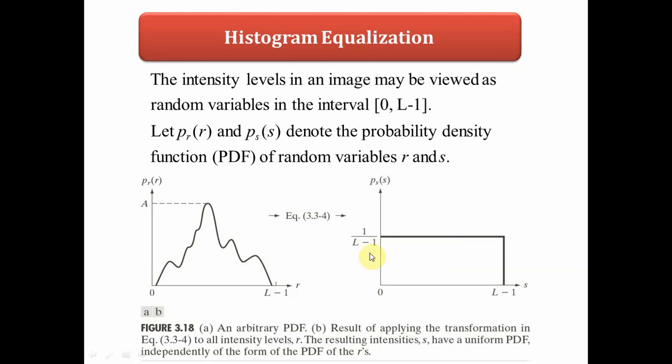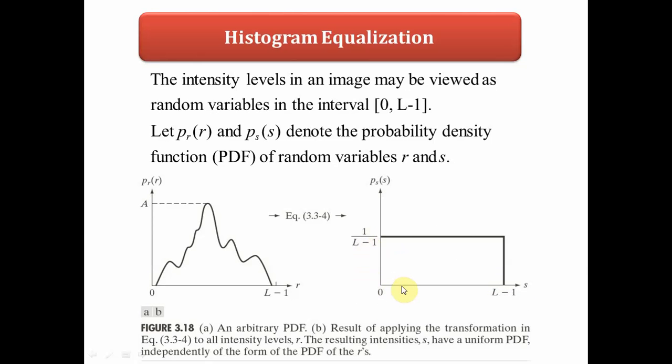Okay. And now if you consider the value at S, it is nothing but the slope, 1 upon L minus 1. What is the slope formula? y2 minus y1 upon x2 minus x1. Suppose x1 is 0, x2 is L minus 1, and y2 is 1, and y1 is 0.